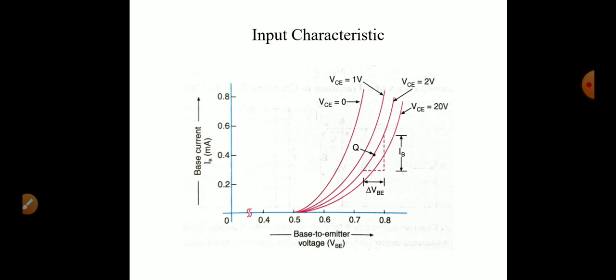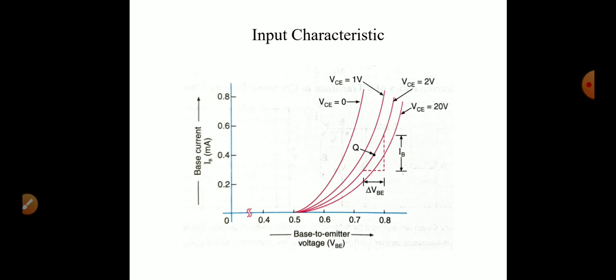After plotting all these graphs in the input characteristic curve, we can see that the input characteristic curve shifts downward when we increase the collector emitter voltage from 0 to 1 and from 1 to 2 volt and from 2 to 4 volt or up to 20 volt or greater.